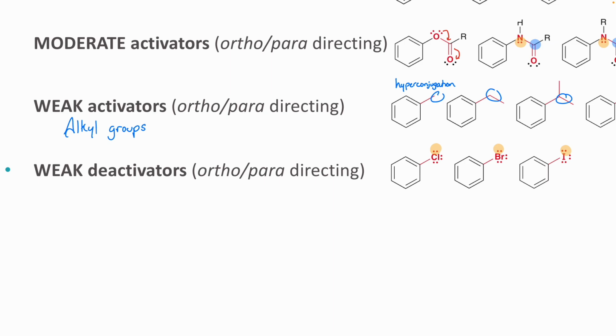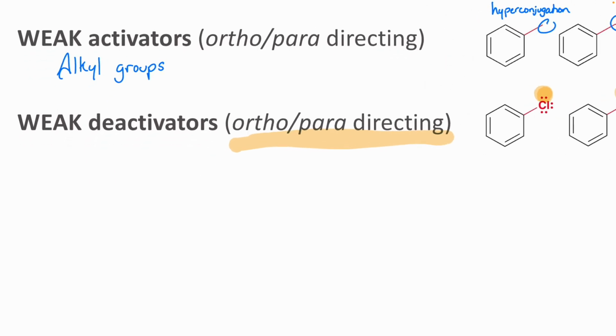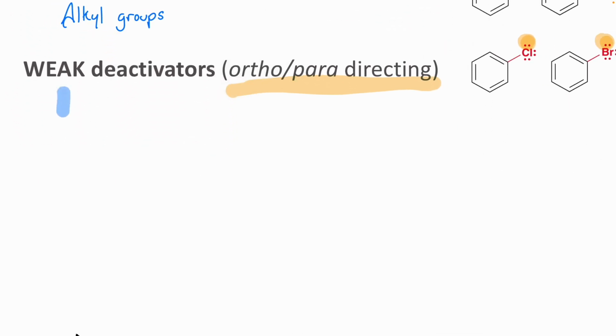Now, if you go into the lab and do these reactions, you will find that they are indeed ortho-para directors, so we're classifying them as such. You can spy that with their lone pair next to the ring, but they react slower than our other ortho-para directors because of this induction effect. So this category here is our halogens, our aryl halides.